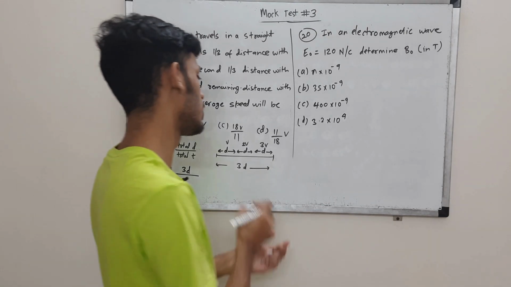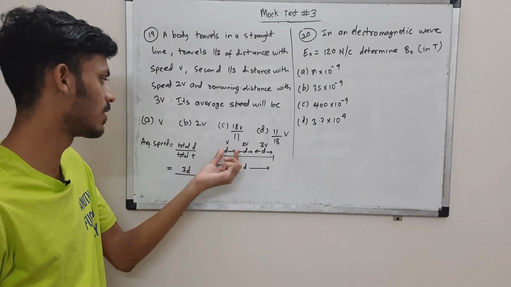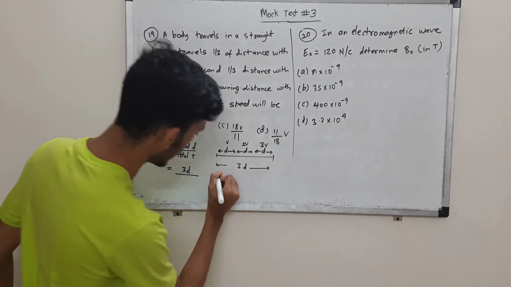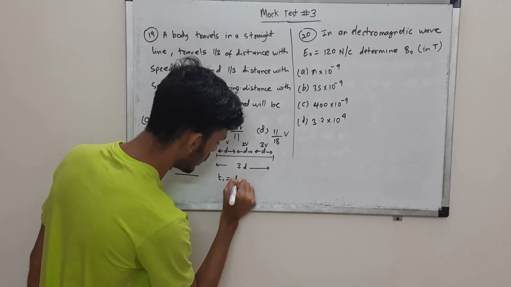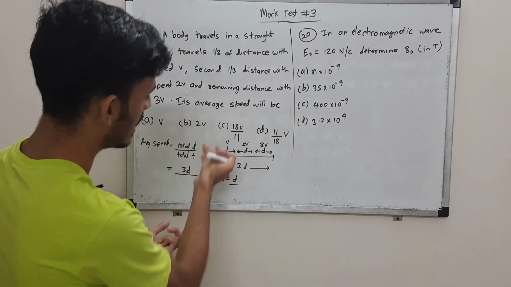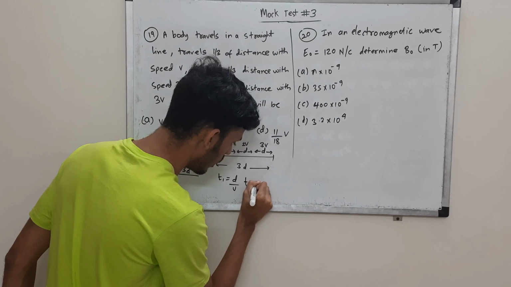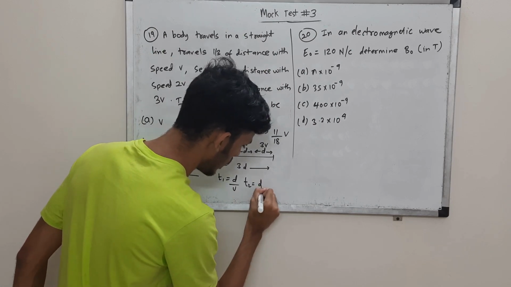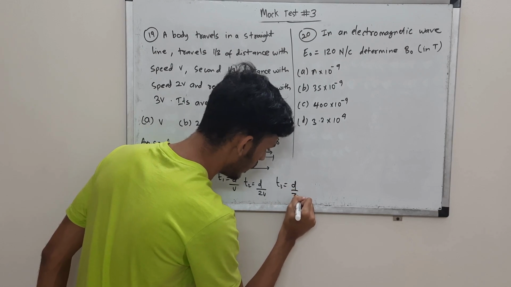For time we have to split it into 3 different journeys, for each 1/3. t1, the time in this journey, will be distance upon speed, since it is uniform motion with no acceleration. T2 similarly will be d upon 2v. T3 similarly will be d upon 3v.